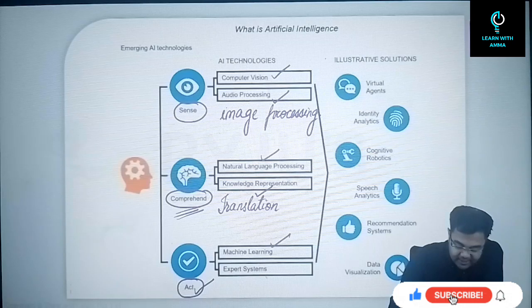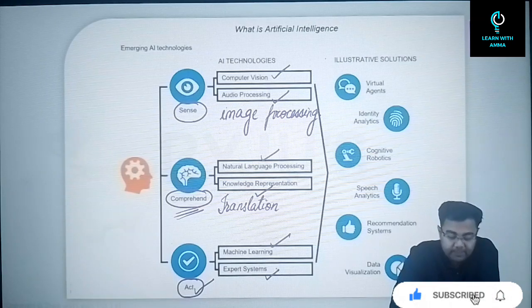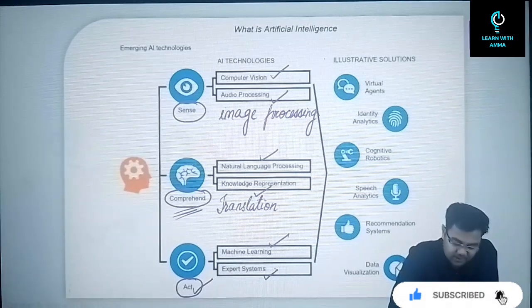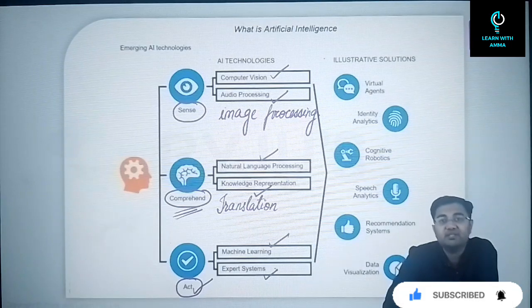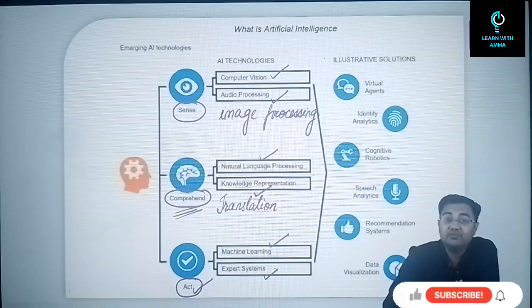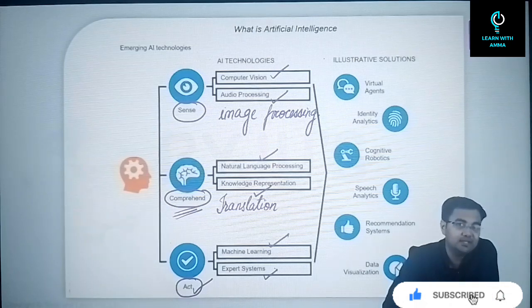So machine learning, expert systems, etc. can be examples of this. Everywhere things are learning by themselves, understanding how to behave, perceiving the environment, and acting accordingly. In all these cases, you can say that it is working according to artificial intelligence rules, right?